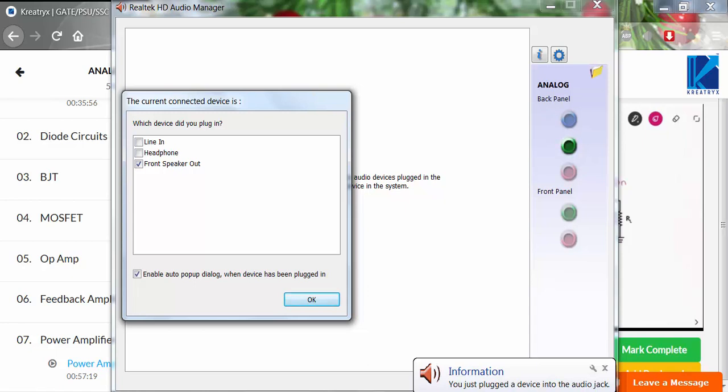Therefore it is called complementary. Here one is NPN and another one is PNP, right? So it is called complementary symmetry push-pull amplifier. See, in the absence of AC input, both transistors will be off.